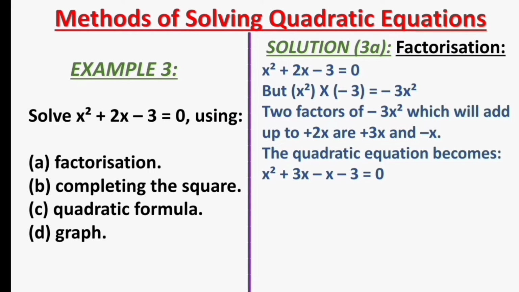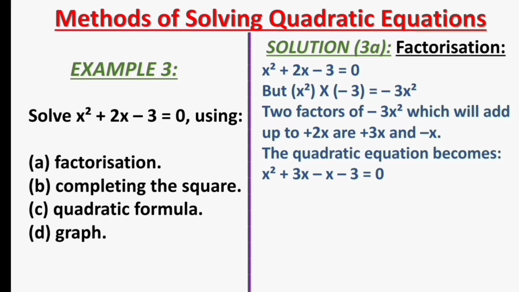The question is x squared plus 2x minus 3 is equal to 0. How do we factorize? We multiply the x squared term and the constant term. That means we multiply x squared and minus 3 to give us a product of minus 3x squared.